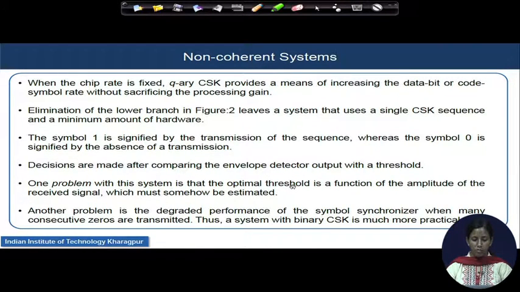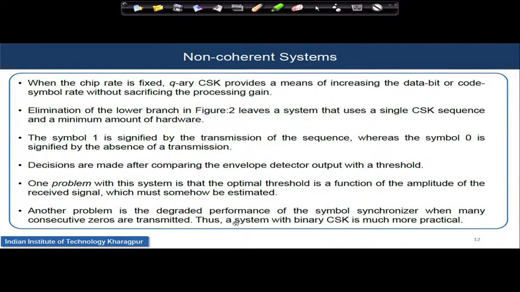In that situation, signal 1 will be transmitted with some signal, and no transmission means a symbol 0 is transmitted. Look at the output of the envelope detector. If it is close to the noise level, the comparator declares that a 0 was transmitted. If it has some meaningful value and crosses some threshold inside the comparator, then the comparator will tell that the transmitted signal was 1.